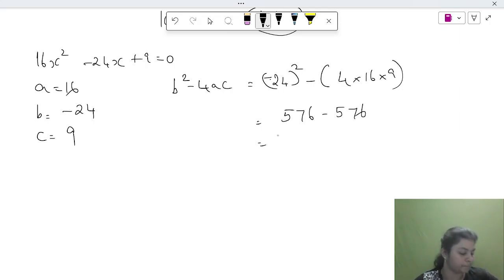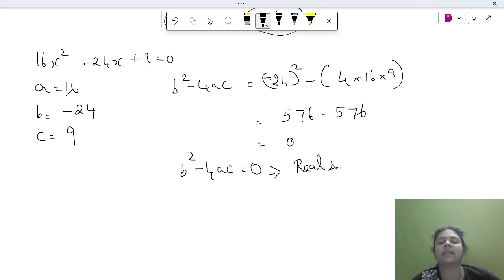So you get 0. Now if b square minus 4ac is exactly equal to 0, what is the rule? Real and equal. Very good. The roots are real and equal.